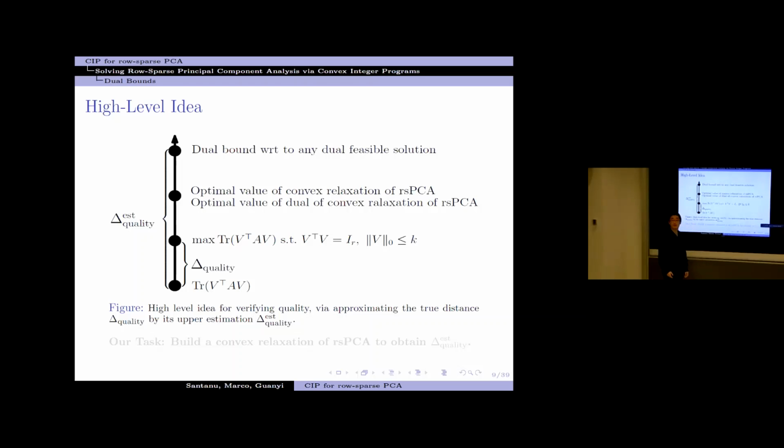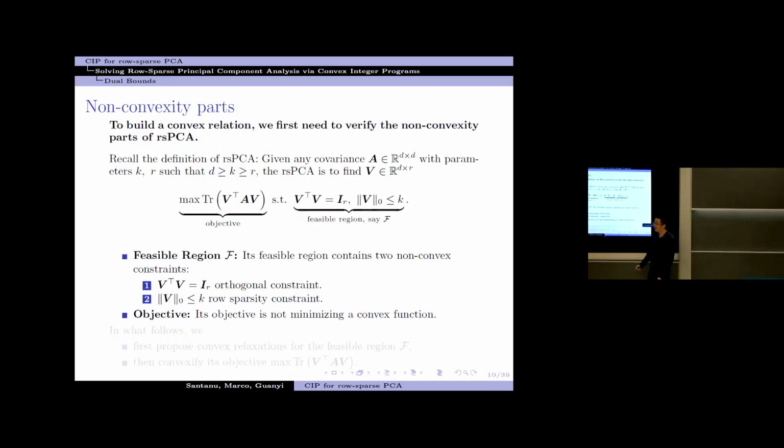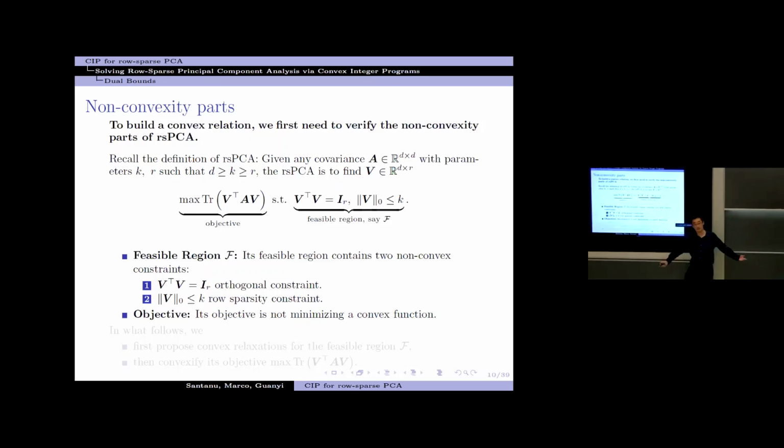Any questions? So what we want to do now is build a convex relaxation of the sparse PCA problem. Let's check the original sparse PCA problem. As we can see, it has two non-convexity parts. The first part is that the feasible region is not convex because it has an orthogonality constraint and also a discrete cardinality constraint.